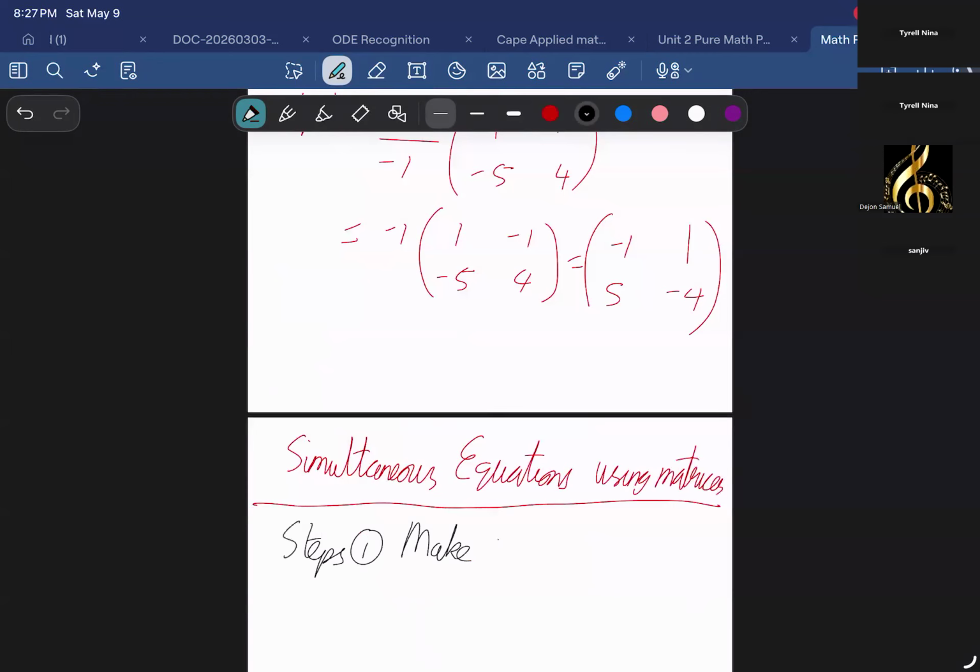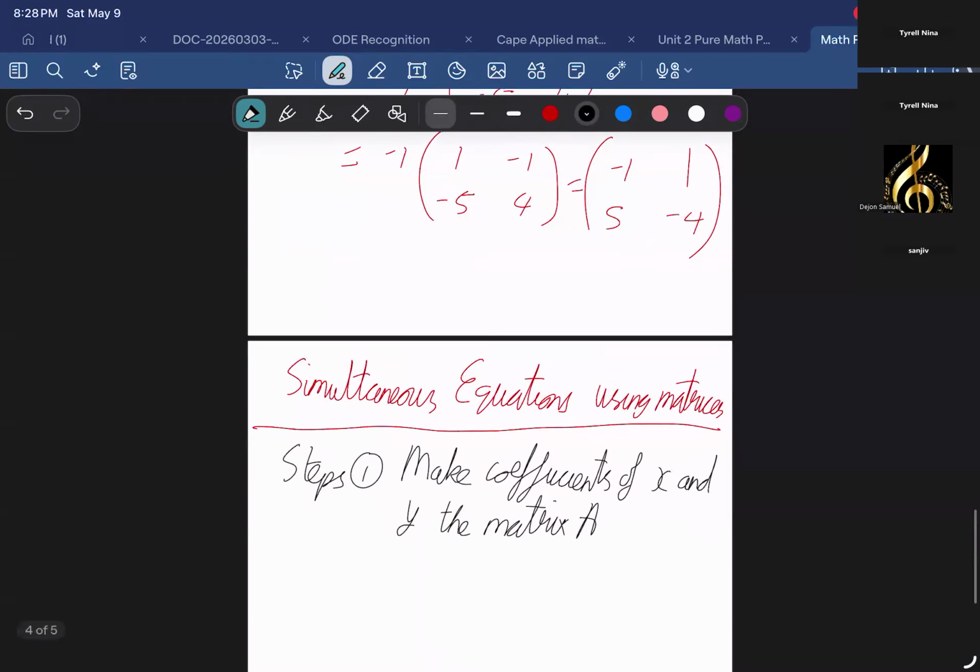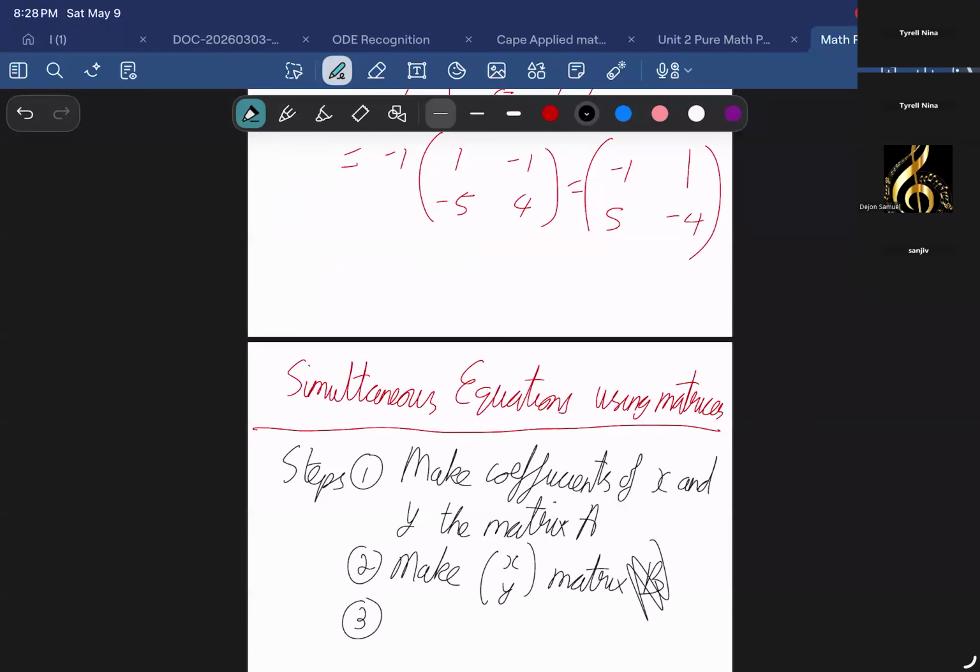Make coefficients of x and y the matrix A. 2. Make x, y the matrix X.